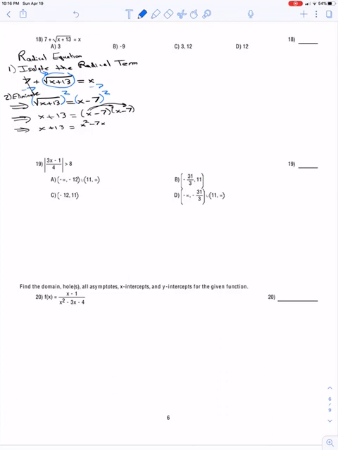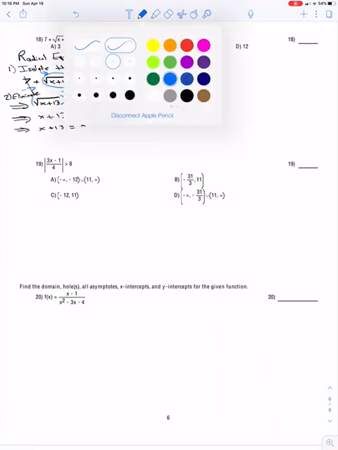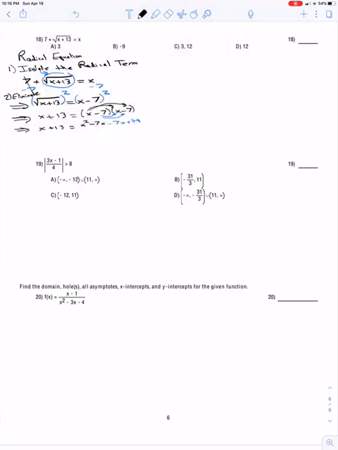As we distribute the negative 7 through, we end up with negative 7x plus 49. And as we combine our like terms, we end up simplifying down to x plus 13 equal to x squared minus 14x plus 49. So here's our resulting equation.